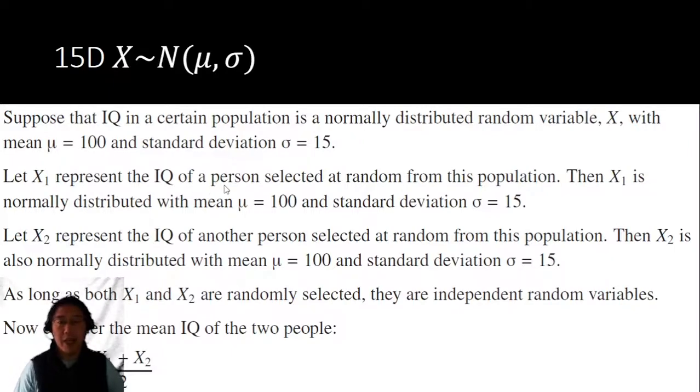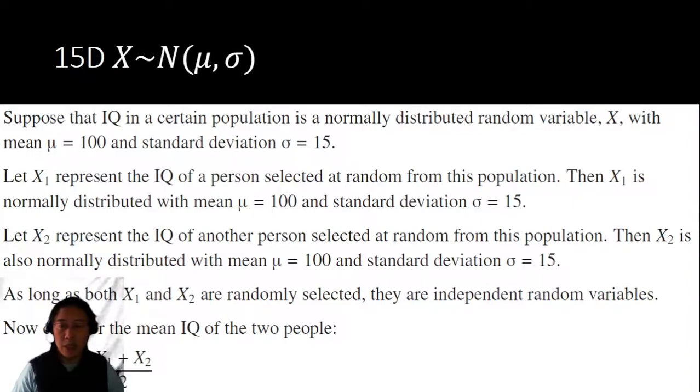That represents the IQ of a person selected at random from this population, meaning they will also be normally distributed with the same features. The same goes for the second person, and as long as you have those two randomly selected, they are independent. And now we're going to consider the mean of those two persons.